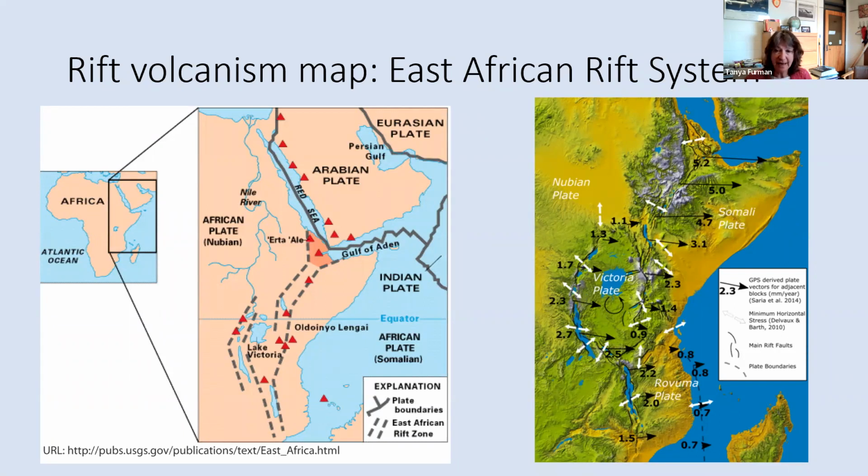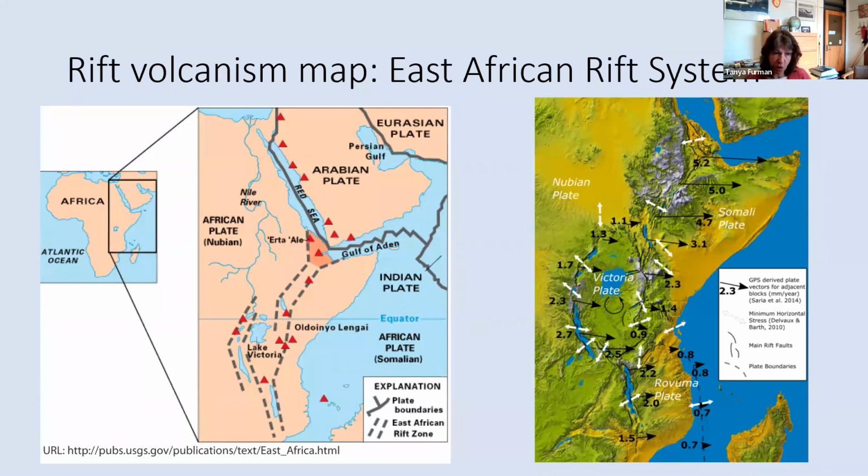And from the data on the right-hand side, which show in millimeters per year the plate motion vectors of extension between the Nubian and the Somali plates, you can see that the rates of extension are the greatest in the Afar province, 4 to 5 millimeters a year.